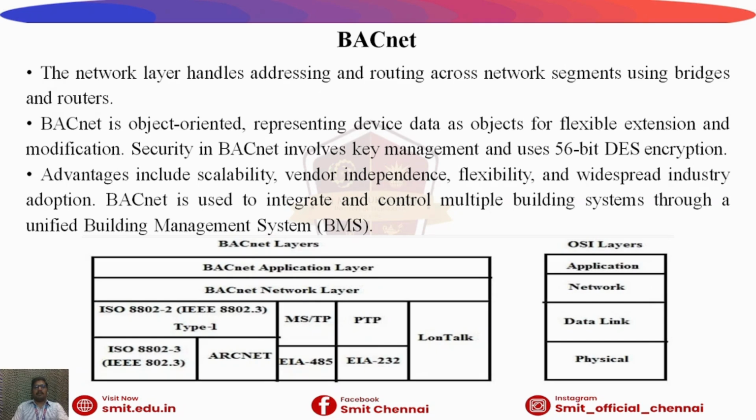BACnet IP enables direct communication over IP networks. It supports scalable and interoperable building management. Advantages include scalability, vendor independence, flexibility, and widespread industry adoption. BACnet is used to integrate and control multiple building systems through a unified building management system, which is shortly called BMS.